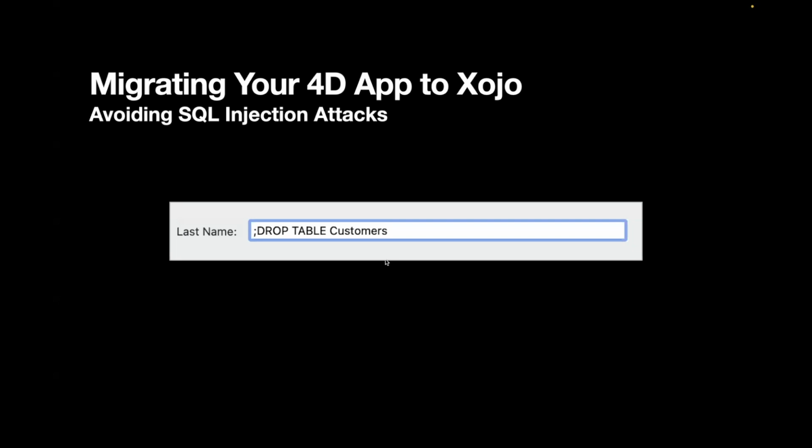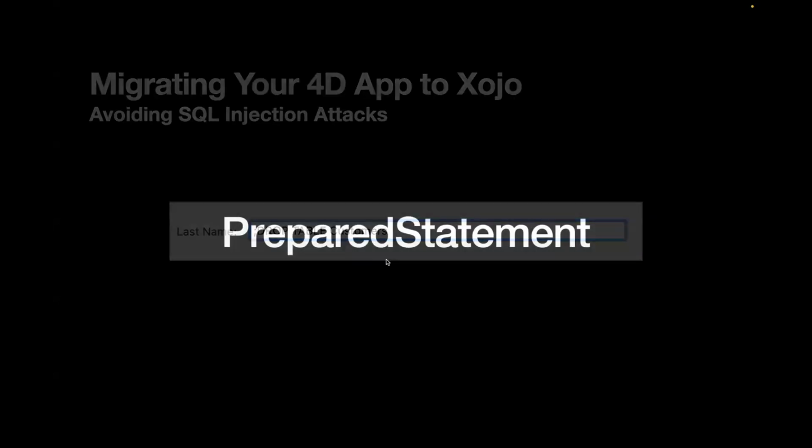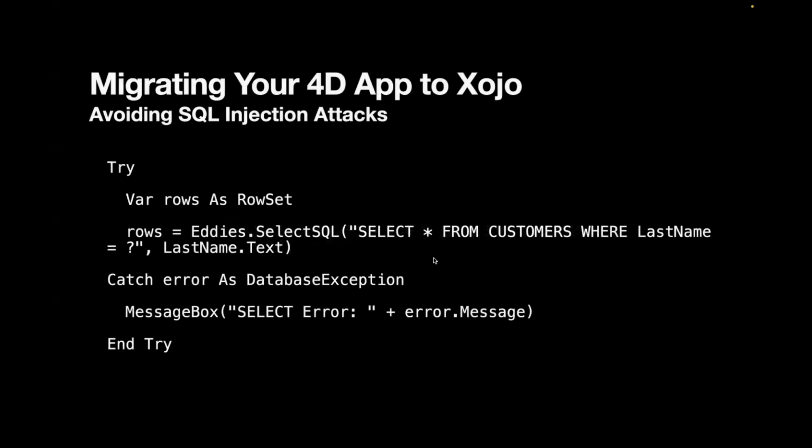The good news is this is really easy to defend against. We have something in Xojo called a prepared statement. So in a prepared statement, it's ever so slightly different. You simply put a question mark. It depends on the database server or database engine you're using. Most of them use a question mark. You can look up the right symbol for other ones. I think Postgres uses like $1, $2 kind of thing. But anyway, you put a question mark, a placeholder, and then you separate your parameters as individual parameters. So in this case, you see the comma.